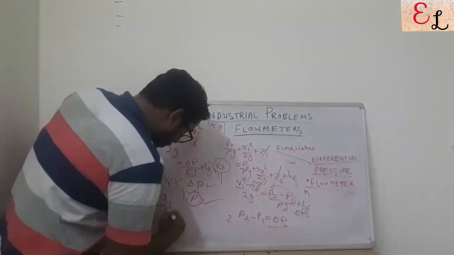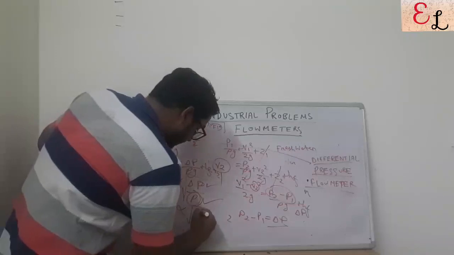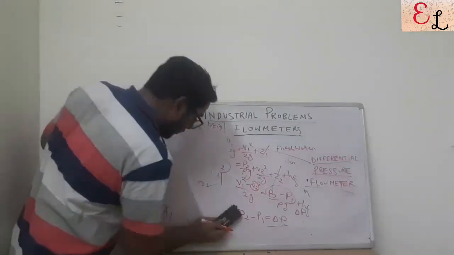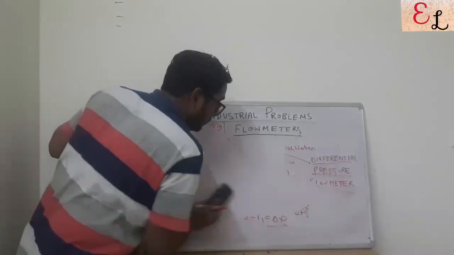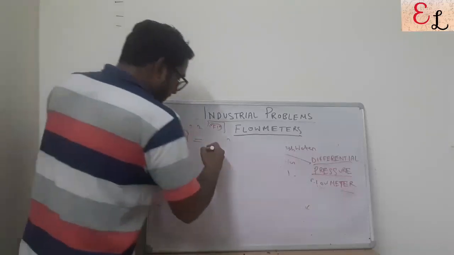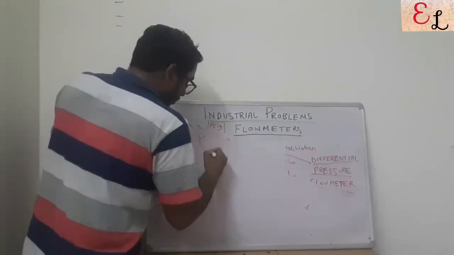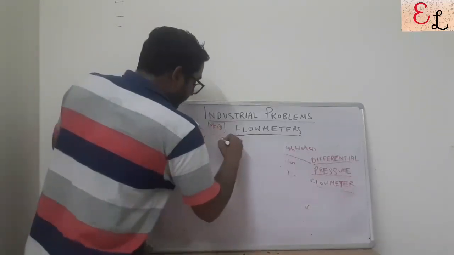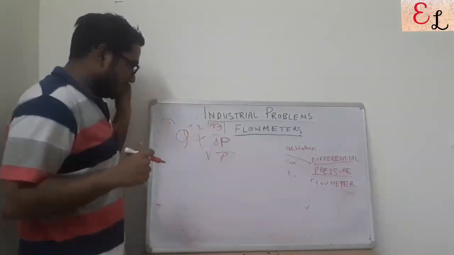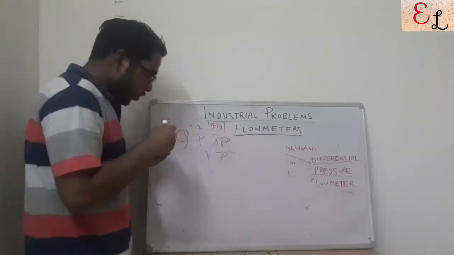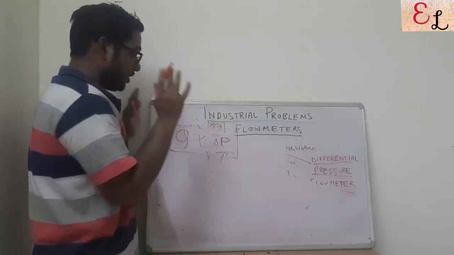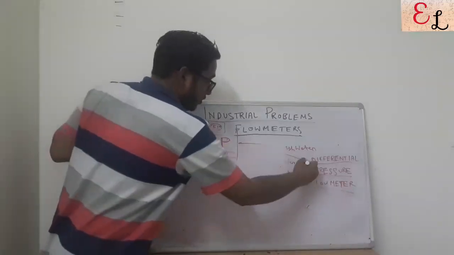So Q1 by A1 is directly proportional to root of delta P by rho. So the flow rate that we are measuring through a differential flow meter is directly proportional to the root of delta P, that is the pressure difference, by rho, the density of the circulating fluid. So this equation actually is the ruling equation for a differential pressure flow meter.